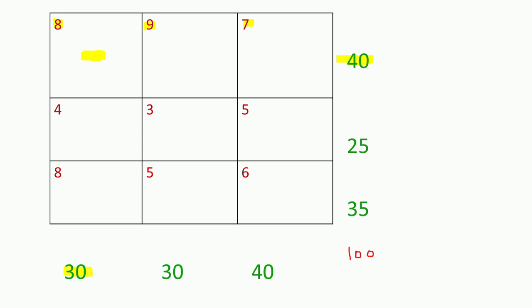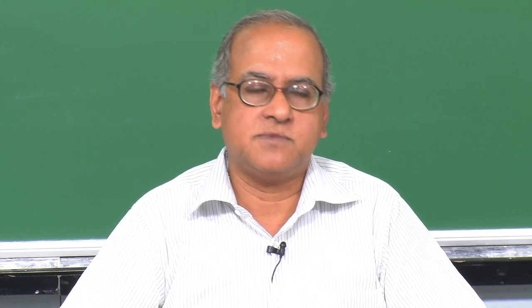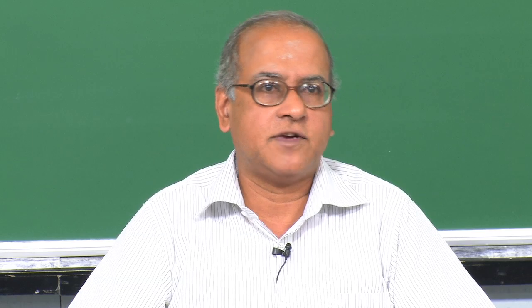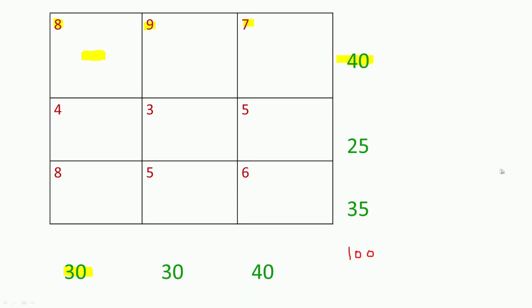Now, the first supply point has 40 items available and the first demand requirement is 30. So, the maximum we can transport from the first supply point to the first demand point is the minimum of these 2 numbers, which is 30. So, we allocate this 30, which is the minimum of the available quantity 40 and the required quantity 30.